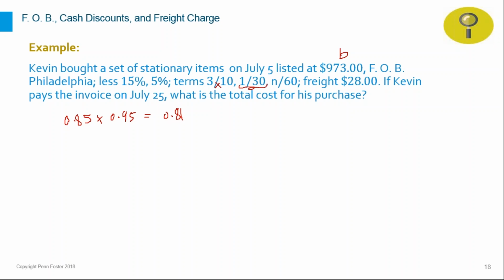So after the discount, the selling price after the 15% and the 5%, we can find using P equals B times R. So B is 973 times R is 0.81. That will give you 788.13.